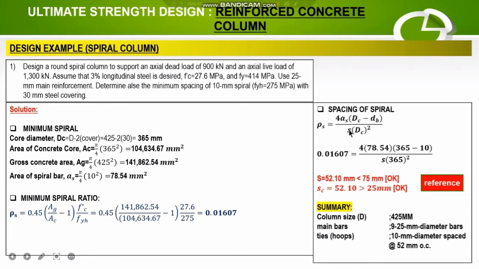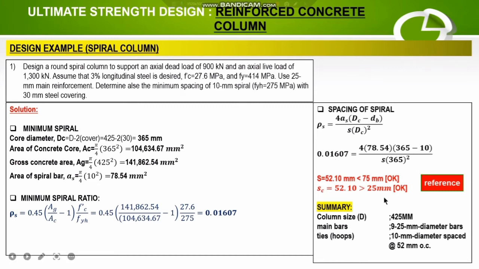So we can solve for the spacing of our spiral. Plugging in all the solved values from the previous solution, 0.01607 is equal to 4 times 78.54 times the quantity of 365 minus 10 over S times 365 squared. Therefore, our spacing of spiral is equal to 52.10 mm.